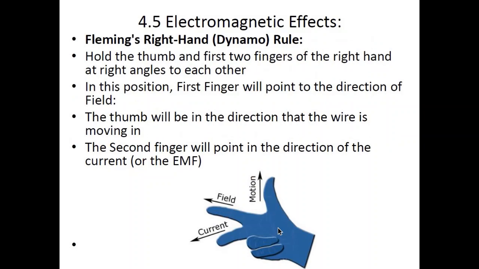Fleming's right hand rule, or Fleming's dynamo rule. If you hold your thumb and the first two fingers of the right hand at right angles to each other in this position, Fleming said that the first finger would always point towards the direction of the magnetic field, the second finger will point towards the direction of the current, and the thumb will point towards the direction of the motion, or the direction of the force for the movement of the conductor.